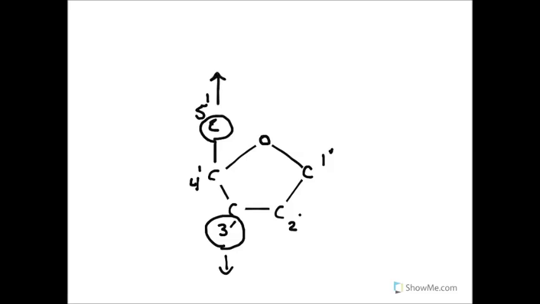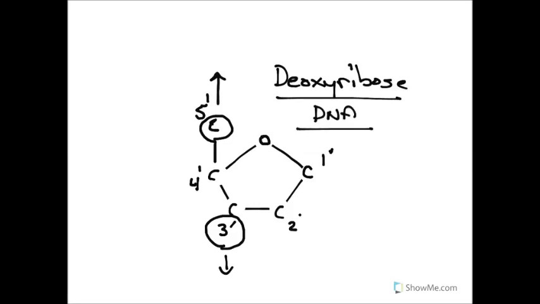So what we have in the deoxyribose that is found in DNA is something very interesting and very important that we notice: DNA has a directionality to it, where there is a 5' end sticking up and a 3' end sticking downwards. And this is incredibly important to understand, so we can understand replication.